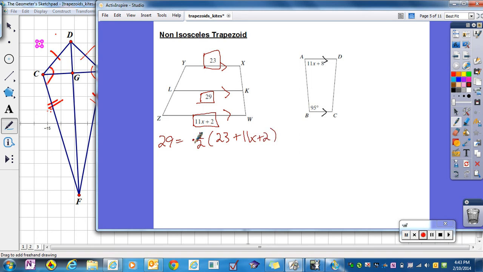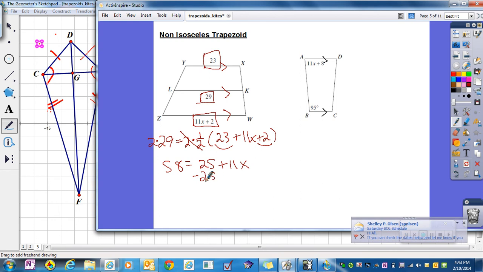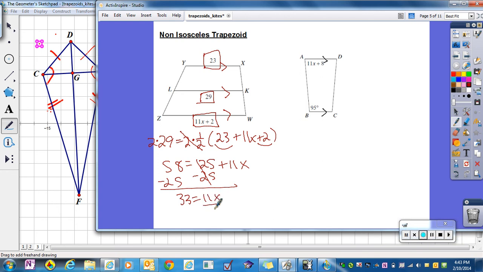Very first thing I want to do is get rid of this 1/2, so I'm going to multiply both sides by 2, and so I get 29 times 2, which is 58. So 58 equals, combine my like terms, so 23 plus 2 is 25. Two-step equation, so I'm going to subtract 25 on both sides. So I get 33 equals 11x, divide both sides by 11, so I get x is equal to 3.